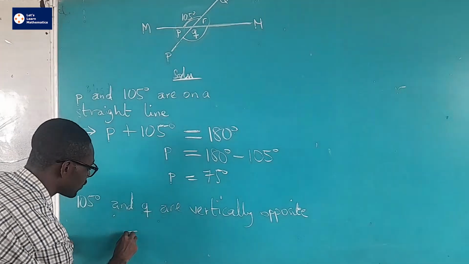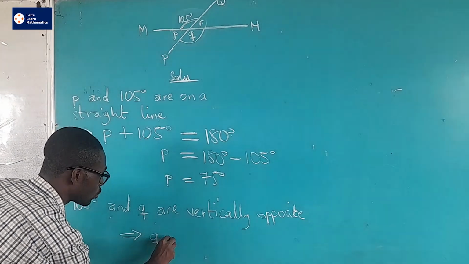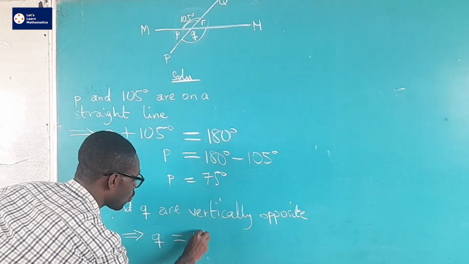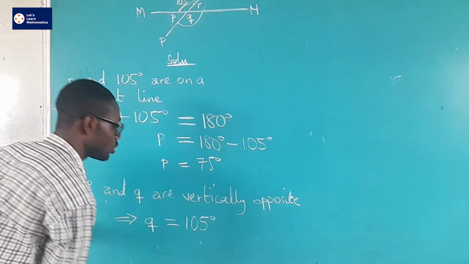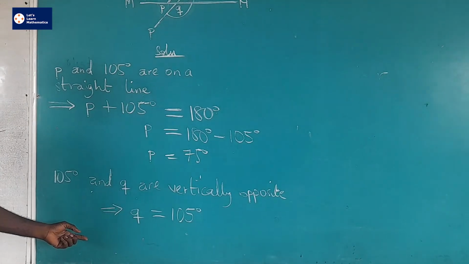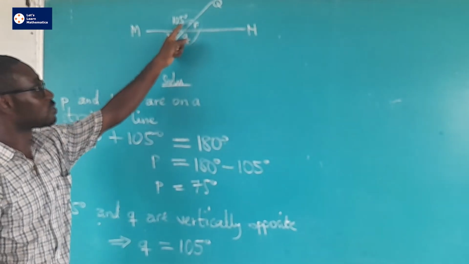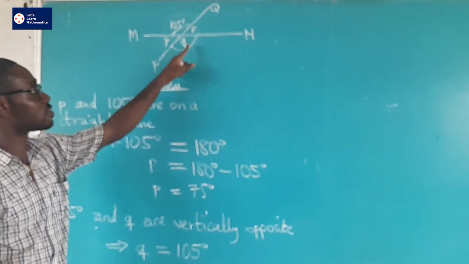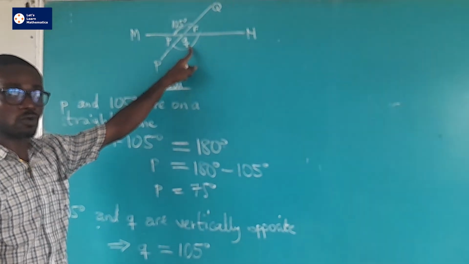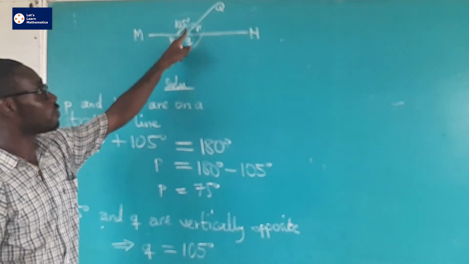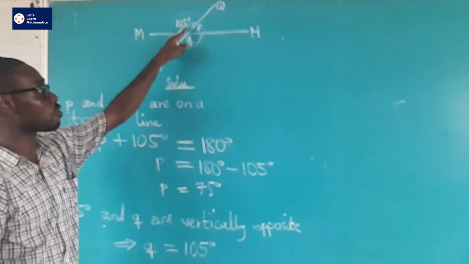So it implies that Q is equal to 105 degrees. So vertically opposite angles are equal. That means 105 degrees is equal to Q. We learned that vertically opposite angles are equal.